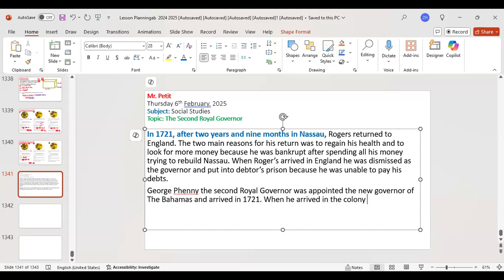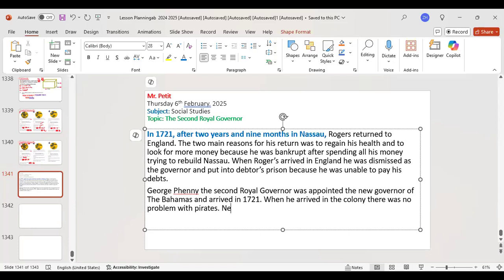There were no pirates. Remember, Woodes Rogers cleaned up the place. There was no problem with pirates, none whatsoever. So he met the Bahamas spick and span.